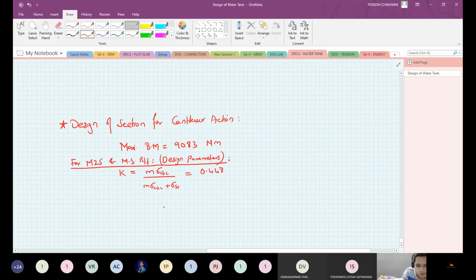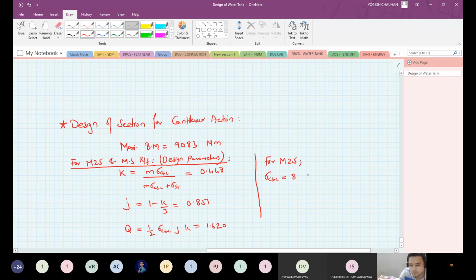In the same way, the value of j will be 1 minus k by 3, so it will be 0.851, and the value of q is equal to 1 by 2 sigma cbc j into k, so that will be 1.620. These are based on M25, where the value of sigma cbc you can get from the table given in IS 3370 part 2, in Newton per mm square.